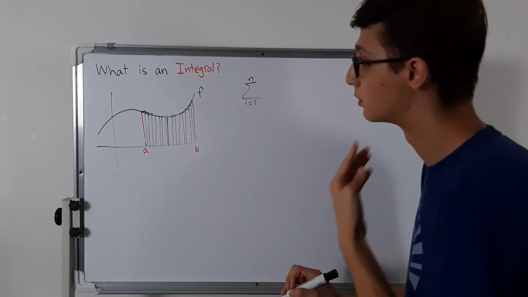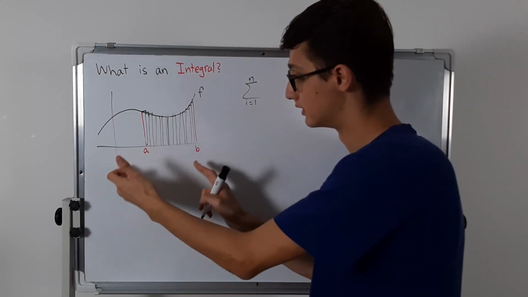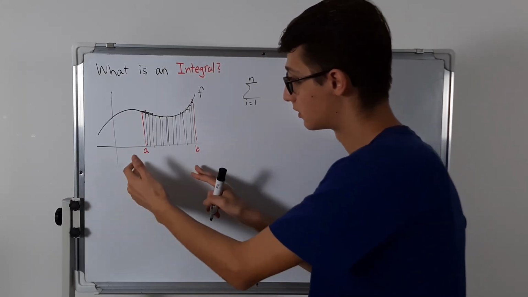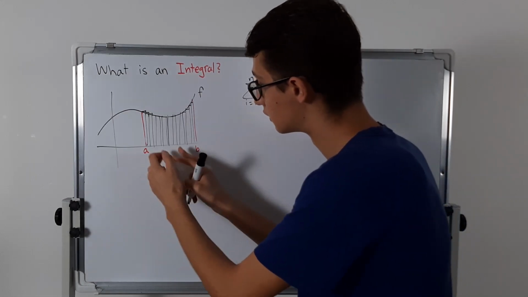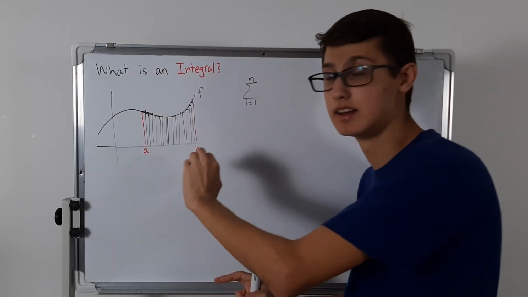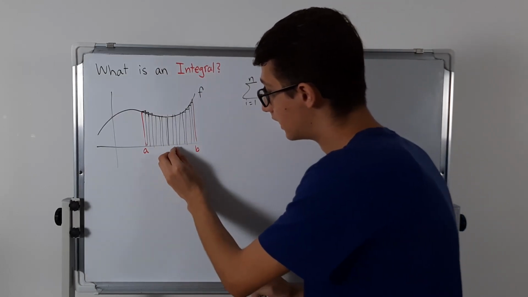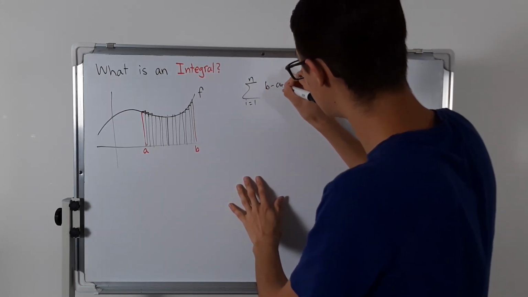That was the width of each subinterval, and when it was just that one interval, it was just b minus a. But here, the width is going to be smaller. It's going to be b minus a divided by n, because there are n subintervals.